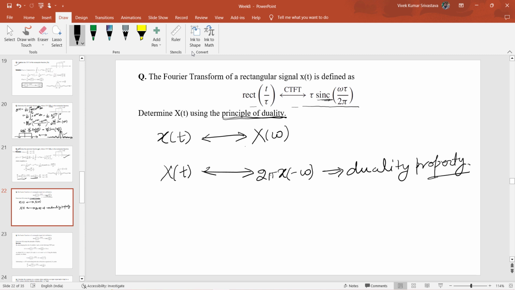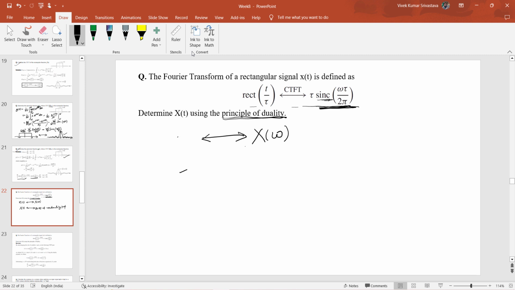So we will use this duality property. Okay, so as to evaluate if sinc function is in the time domain, then what will be the spectra in the corresponding frequency domain. Okay, so let us solve this. Yeah, so rect of t by tau is given to us, and the corresponding frequency domain representation is tau sinc of omega tau by 2 pi.